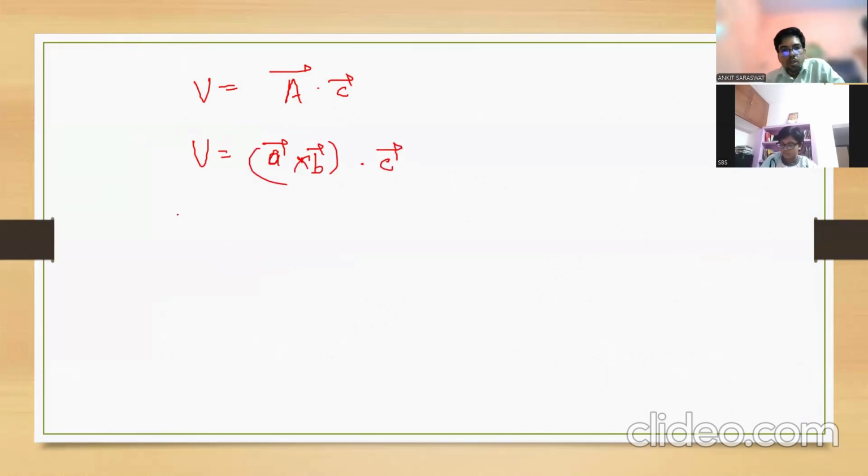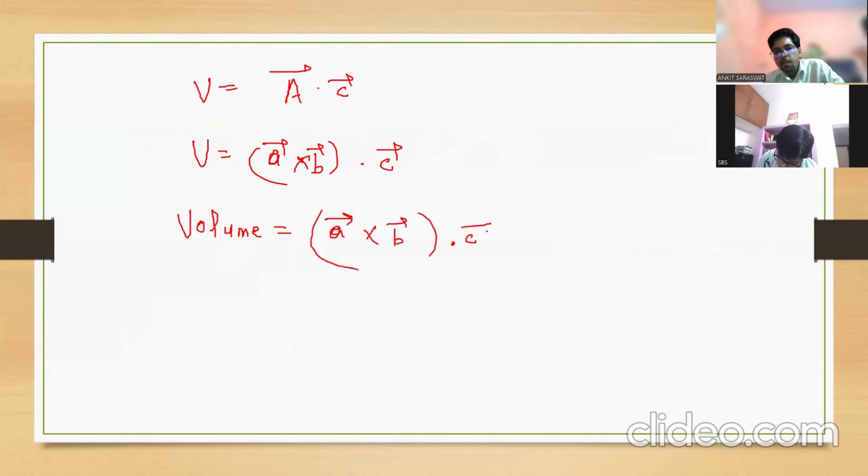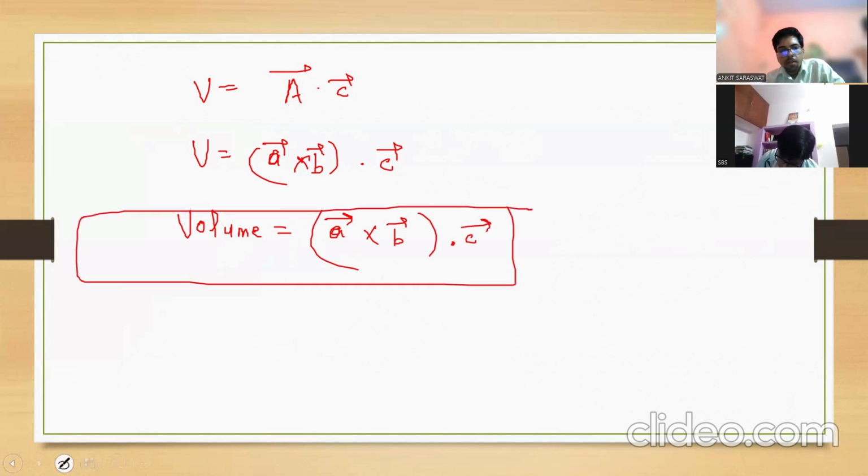So volume is equal to A cross B dot C vector. This is a very important relation. And this entire thing, from here to here, is known as the scalar triple product.